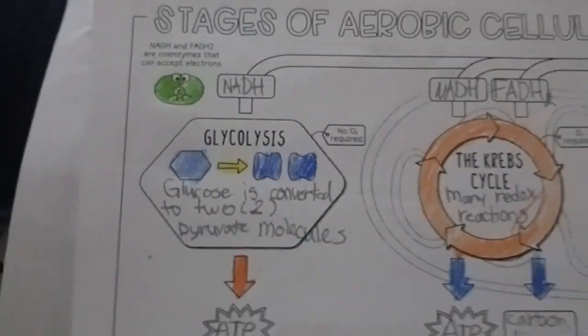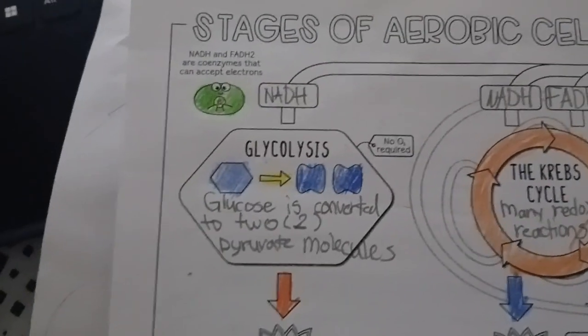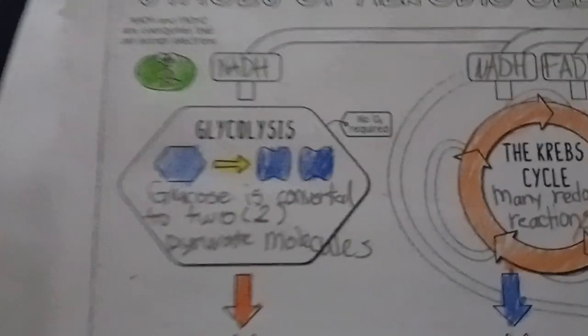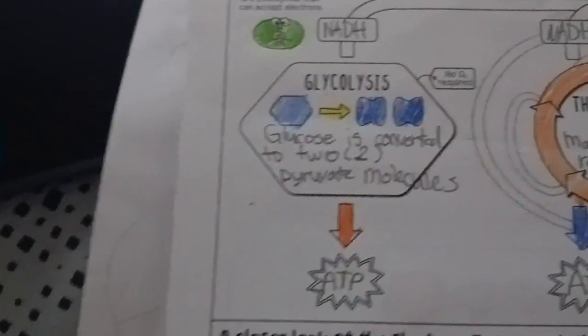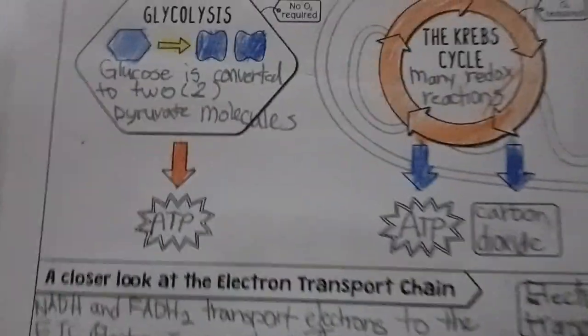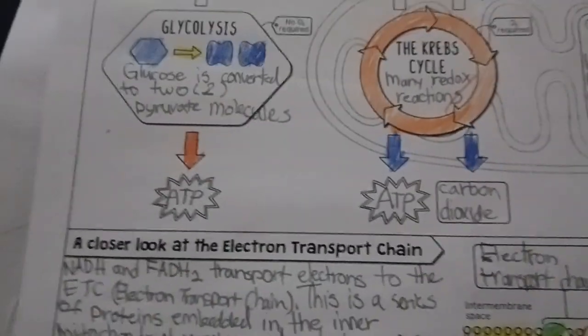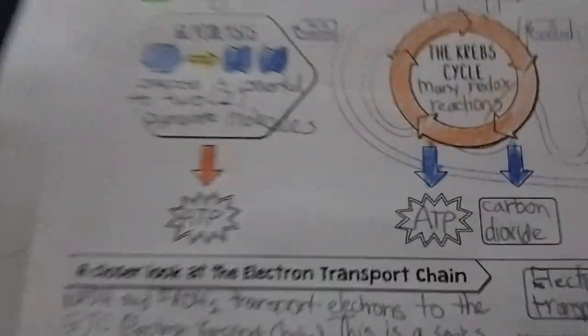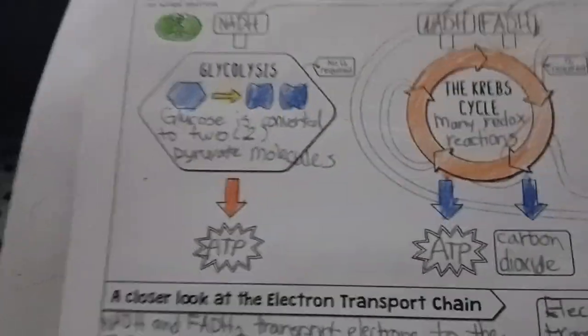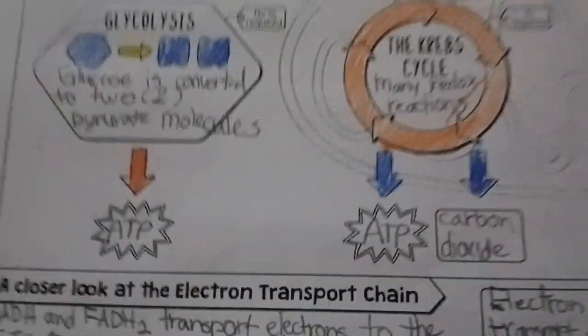Glycolysis doesn't require oxygen. Glucose is converted to two pyruvate molecules, which makes some ATP as well. Then the Krebs cycle is many redox reactions. It produces ATP and carbon dioxide.